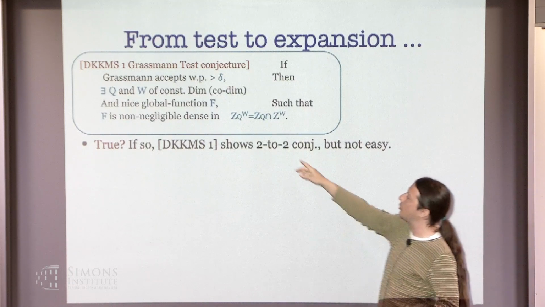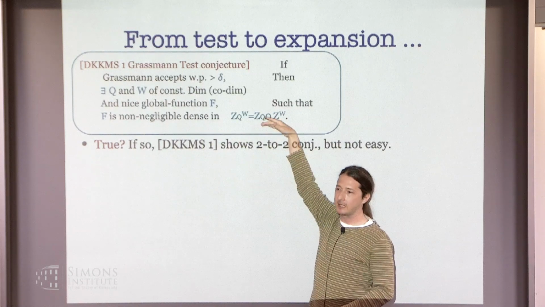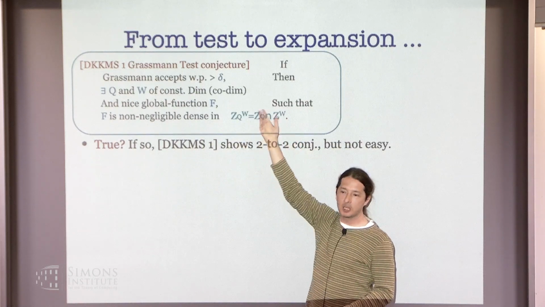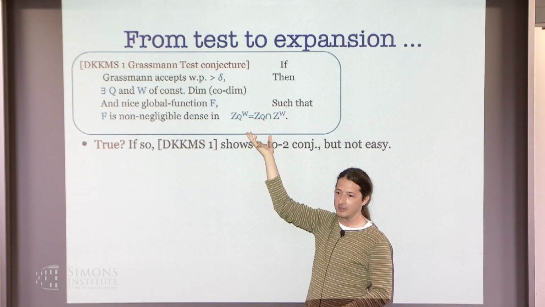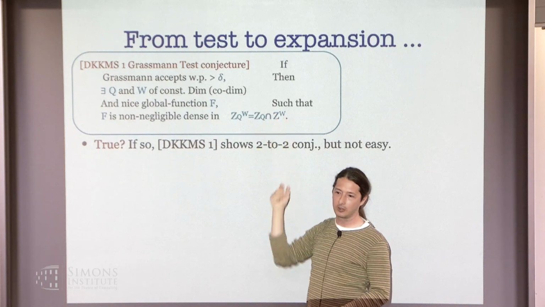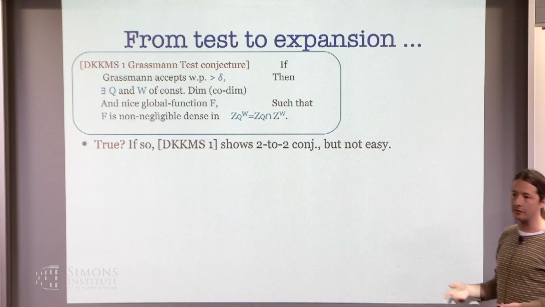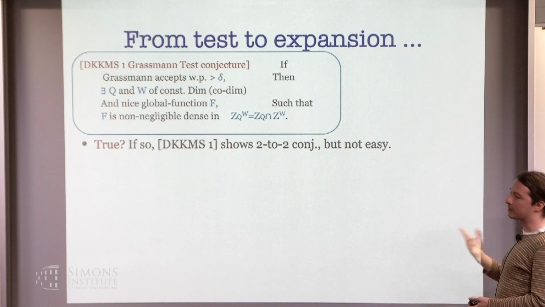So I can take this Q and W that work, ruin the assignment to the subspaces here. The acceptance probability of the test will still be rather high because I only ruined the tiny set, and therefore there must be other Q and W that work. So there are many of those. There's no uniqueness. And actually that's what we need.